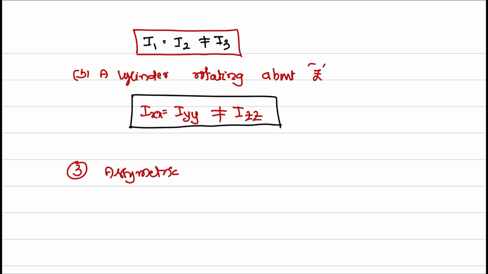On the basis of moment of inertia tensor, they are defined. Asymmetric top means there is no symmetry. A rigid body for which Ixx is not equal to Iyy is not equal to Izz. All three moments of inertia are different in different axes. Then it is defined as asymmetric top.